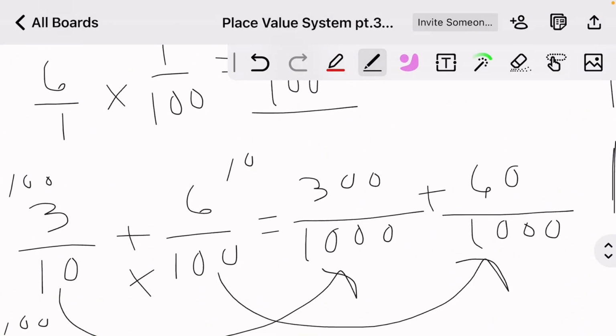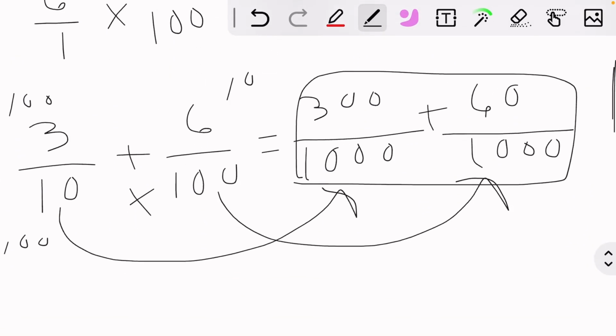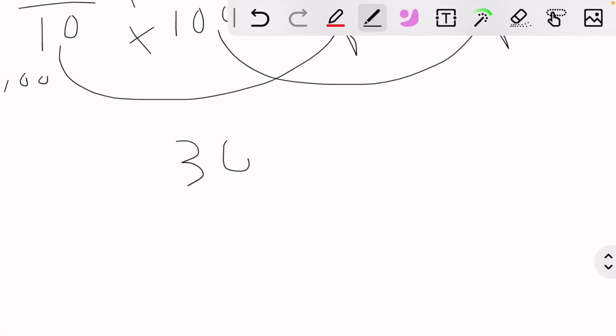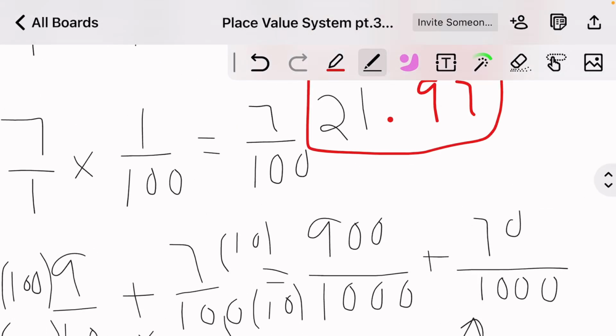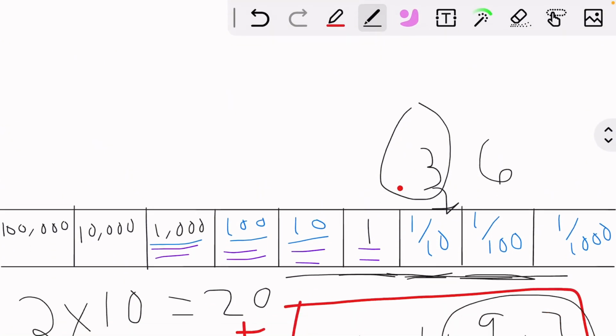So now we can add these two fractions because they have the same denominator. And when we do, it's going to be 360 over 1,000. We can take away a 0 from both of those numbers, and that's going to give us 36/100. And that's exactly what our decimal is representing. Let's put that back. 36/100.